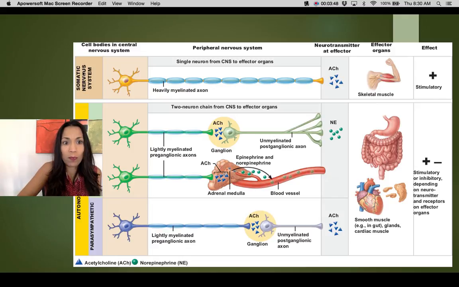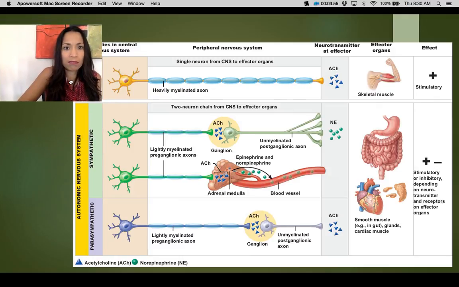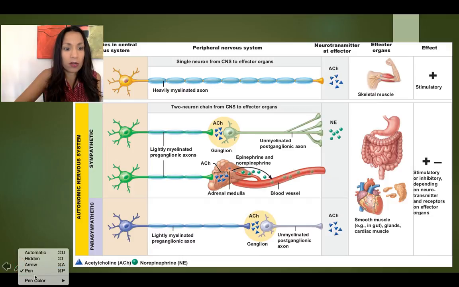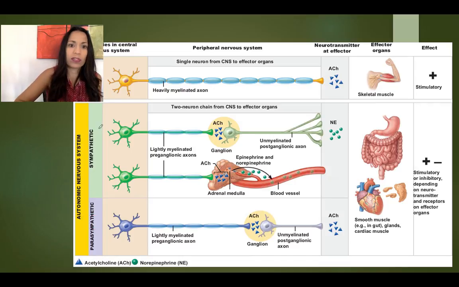We're going to compare once more the somatic nervous system innervating the skeletal muscles and what we have been describing today, which is the autonomic nervous system, the two branches of the motor division of the peripheral nervous system.